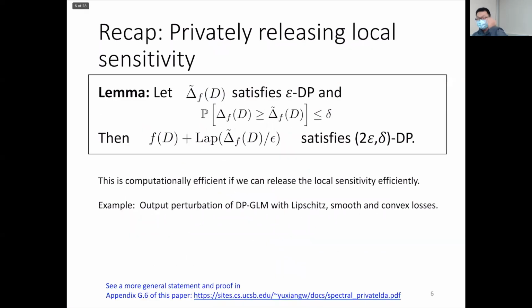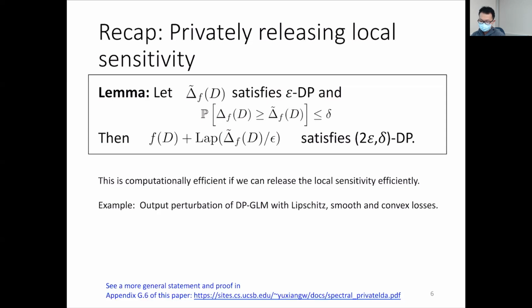Okay, and one issue with propose-test-release is that we do not actually know how to select this beta parameter to begin with. How do we know which beta to use? That's the most appropriate beta. So the idea is that maybe sometimes the local sensitivity itself is insensitive, and we can just directly privately release the local sensitivity, right?